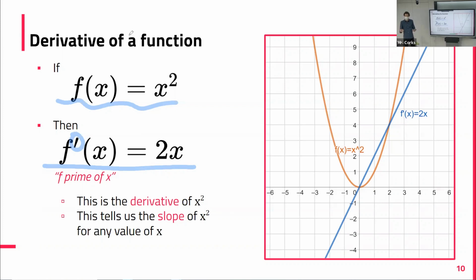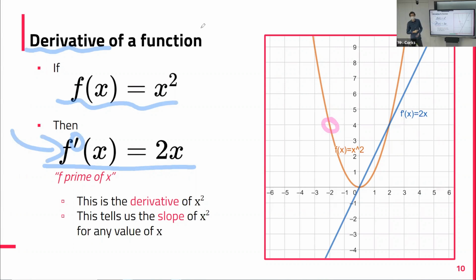So 2x is also a function. It's also something we can put on a graph and visualize, and that's what we have with this blue line here, and the original one in orange. This new version of our function that tells us slope is the derivative of the original function. Let's choose any point on the original function and ask, what exactly is the slope at that point?